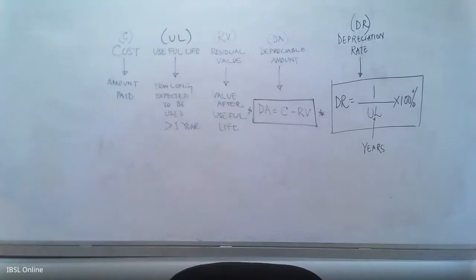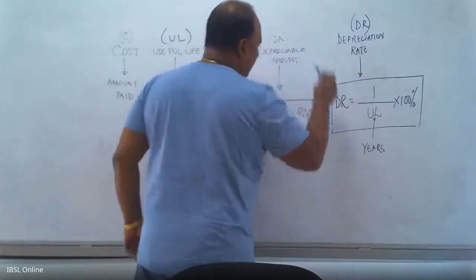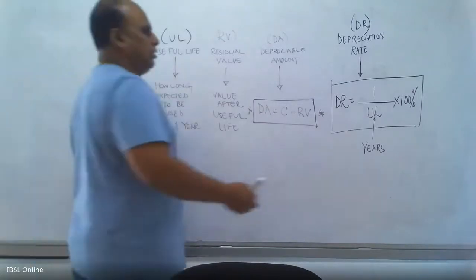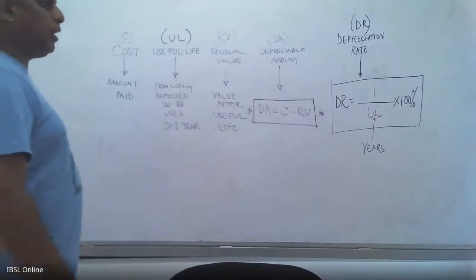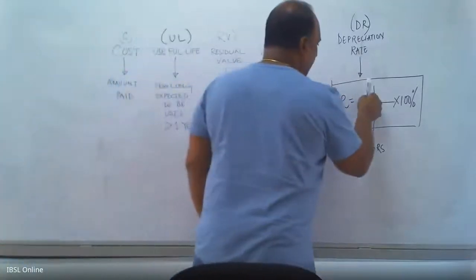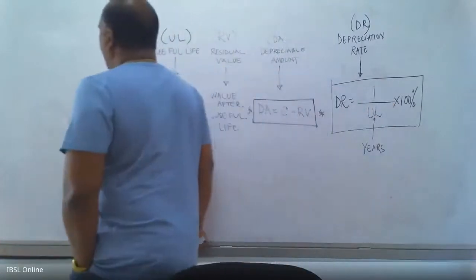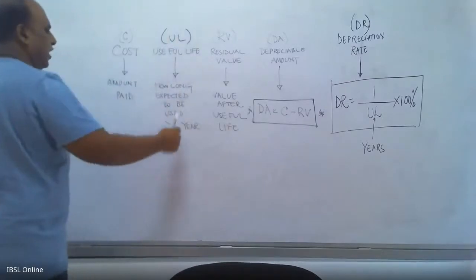So what are we trying to understand here? We say the depreciation rate for an asset, for a fixed asset, is determined as a percentage. And how do we calculate these percentages? I will divide 1 by the number of years I have estimated as my useful life.